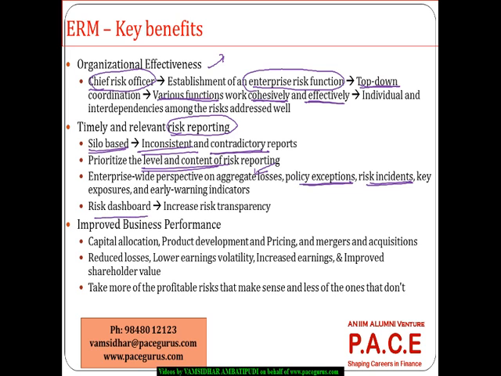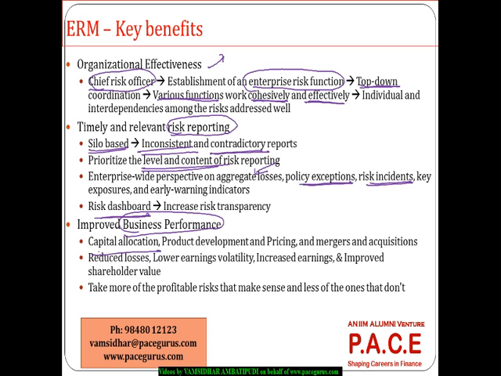And even a risk dashboard can be prepared and projected to the top management, which could increase the risk transparency, one across the departments, two across the business units, three across the various types of risk as well, overall resulting in an improvement in the business performance.